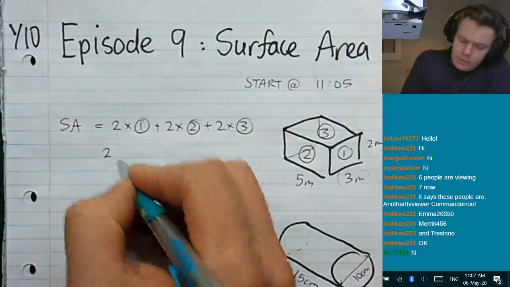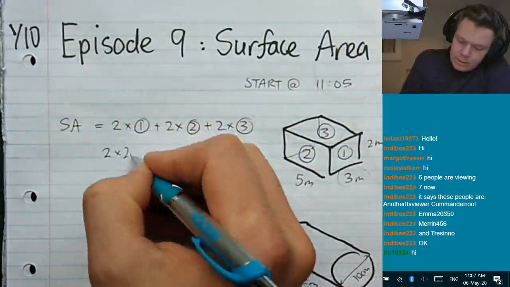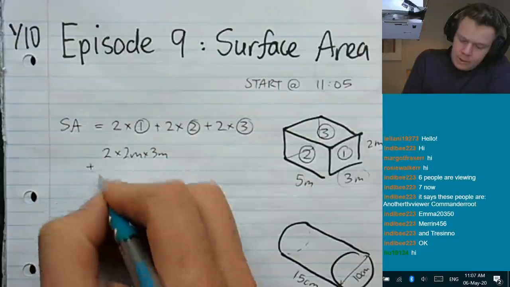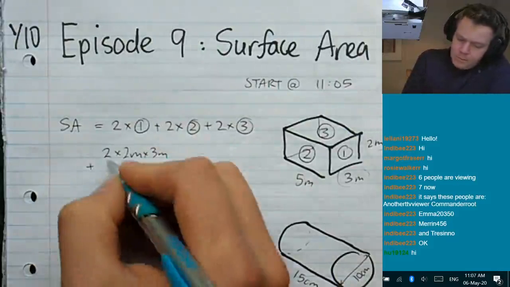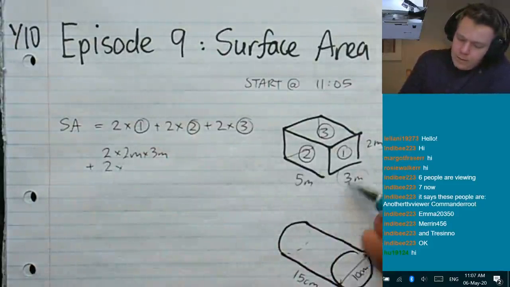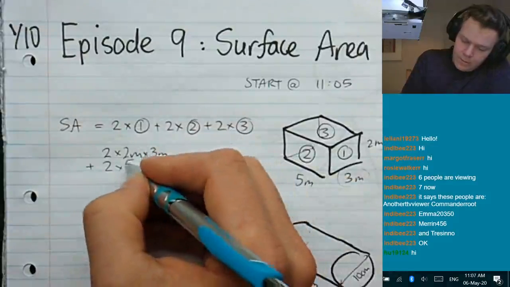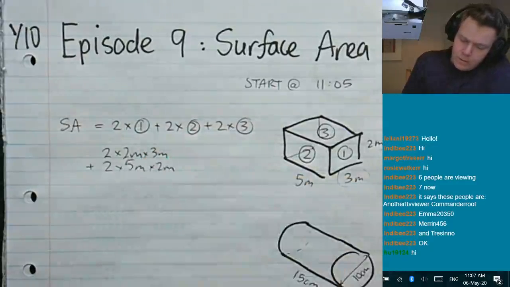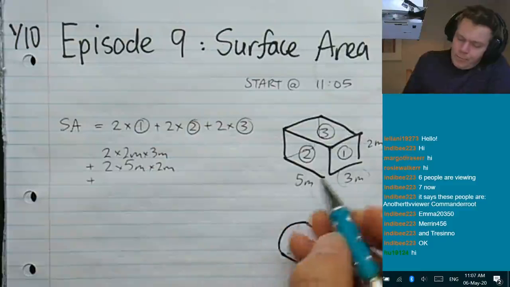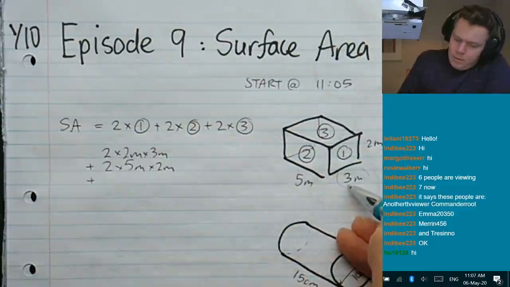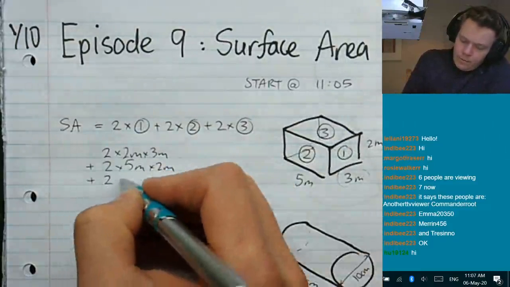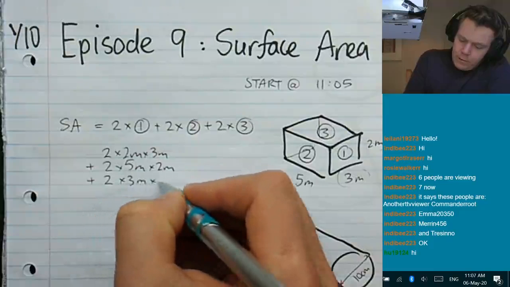For side 1, we've got 2 meters times 3 meters, plus 2 times 5 meters by 2 meters, plus 2 times 3 meters by 5 meters.